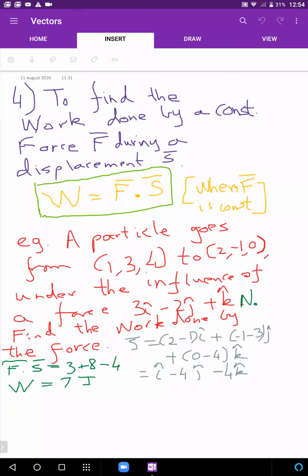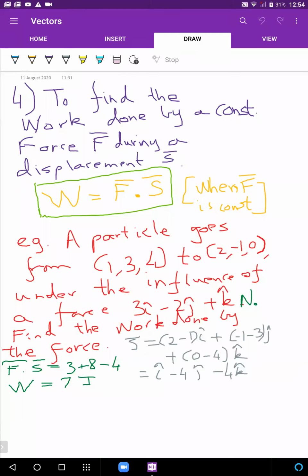So इसमें क्या है? One place where dot product is used is when you try to find work done by a constant force during a displacement s bar. Force constant होना चाहिए, मतलब direction नहीं change होना चाहिए, magnitude नहीं change होना चाहिए. Find work done by a constant force during a displacement s bar. The formula for that is simple.